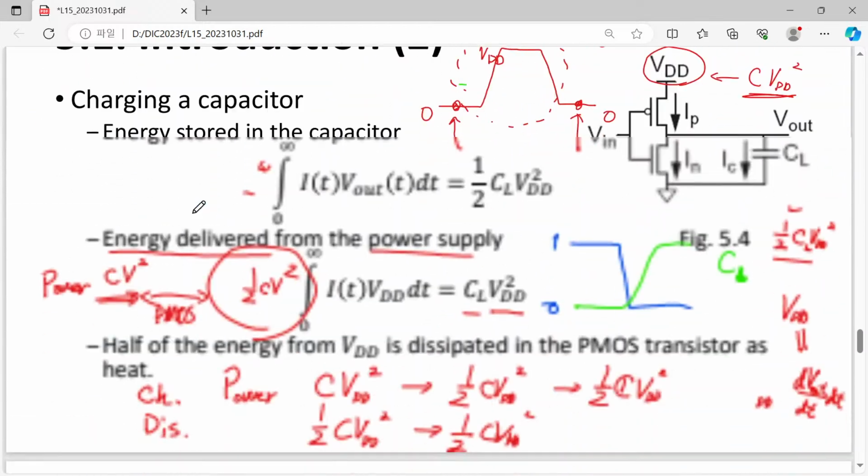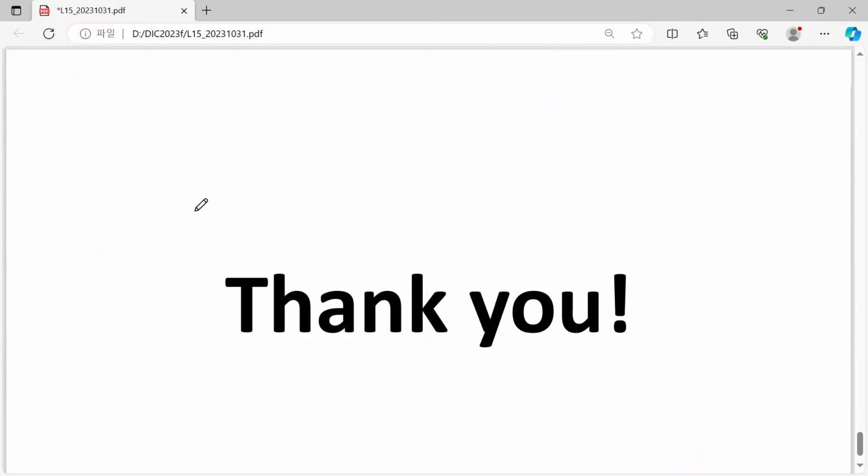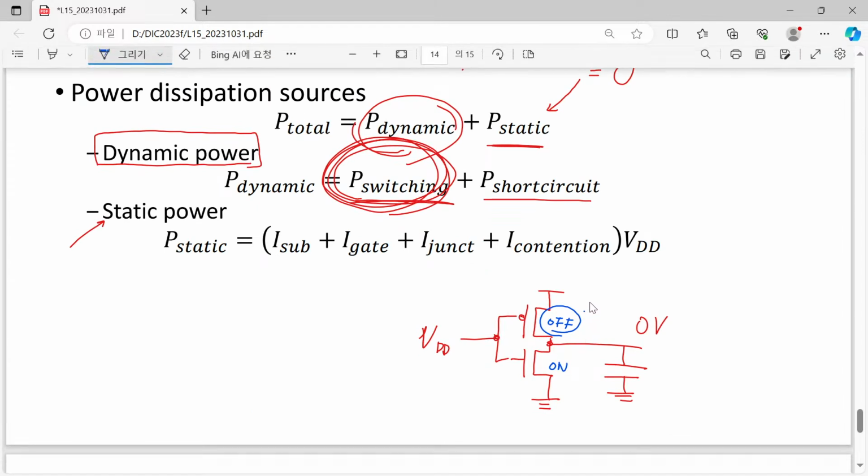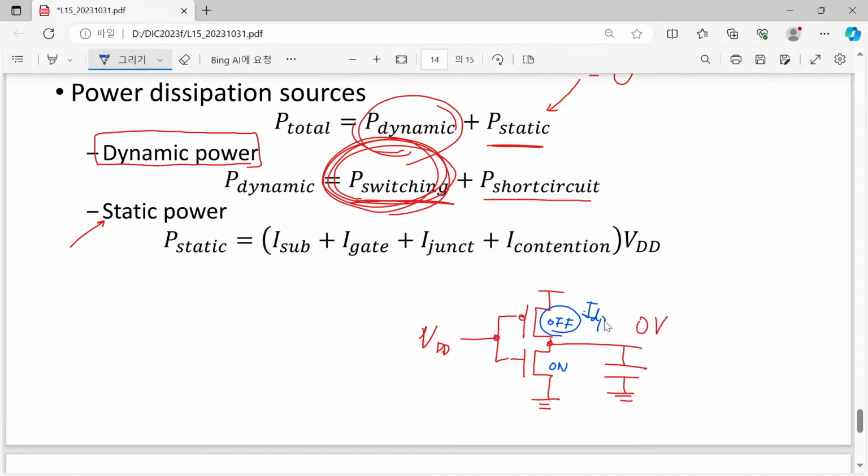The same happens to our PMOSFET. For example, even in this case, ideally the drain current should be 0. However, in reality, it's not 0.